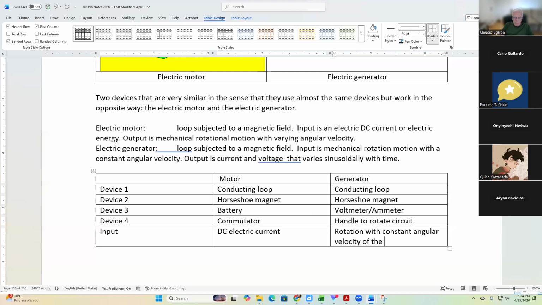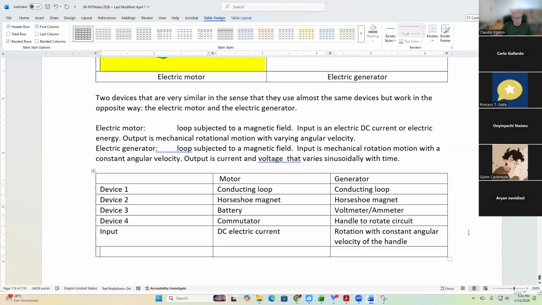The velocity of the handle, right? If here we have constant angular velocity, here we have a constant electric current.